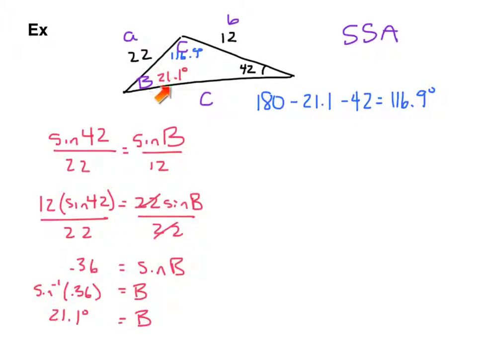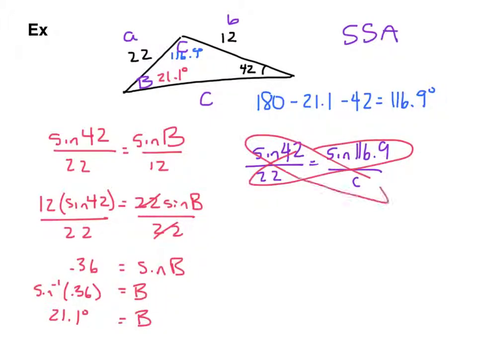Since we had to round for this 21.1, I'm going to keep using this 42 and 22 to solve for the C. So I have the sine of 42 over 22 equals the sine of 116.9 over the side C. Once we cross multiply and divide by that sine of 42, we'd have C is equal to 22 times the sine of 116.9 all over the sine of 42.